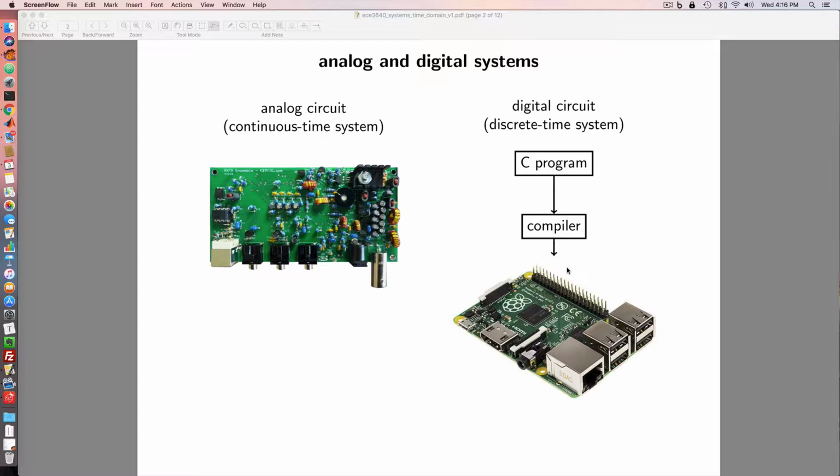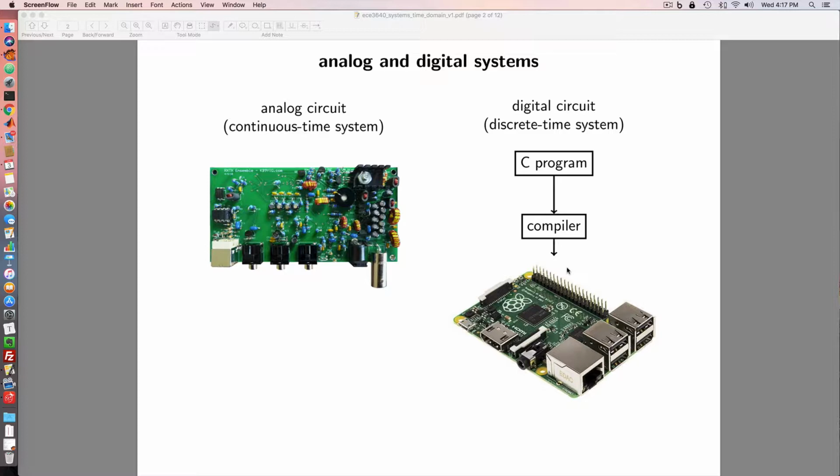There are resistors, capacitors, transistors, some inductors, diodes, other sorts of things here. So this is an analog circuit, and you would use your continuous time analysis techniques to understand what's happening here.